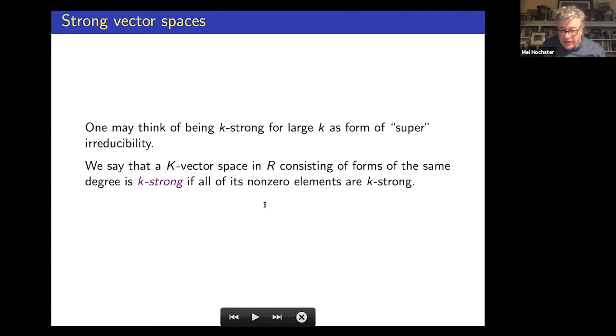So none of them has a K collapse. And that means taking not just the basis, but all the linear combinations of the basis elements. So you have to look at everything that's non-zero in the vector space. So this condition is imposed element-wise. It's a condition on each element, each non-zero element anyway.